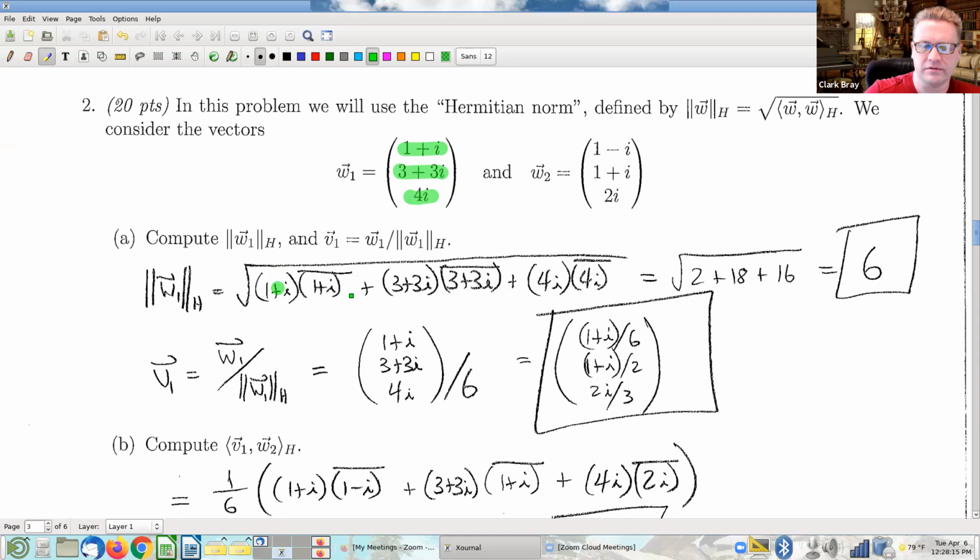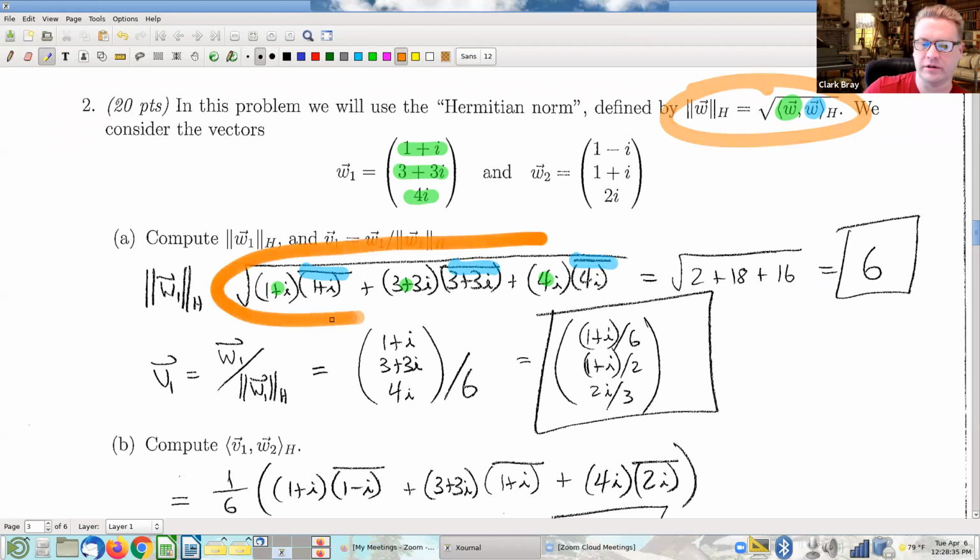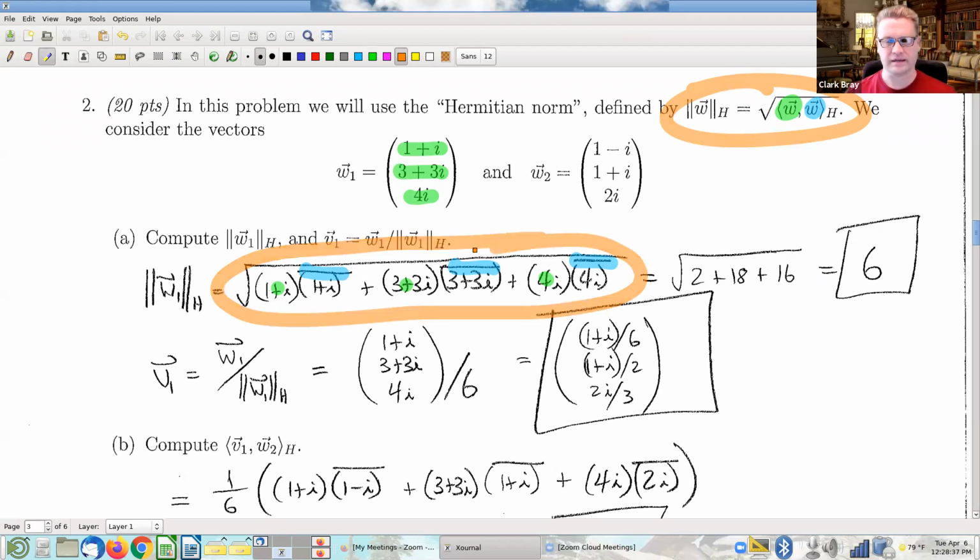And then the second vector in the Hermitian dot product is the conjugates right there, and the Hermitian norm is the square root of that self-Hermitian dot product. The arithmetic is to be punched up there.